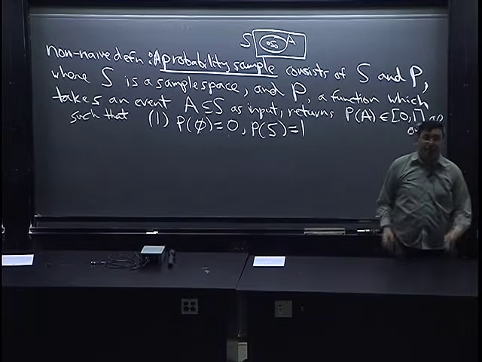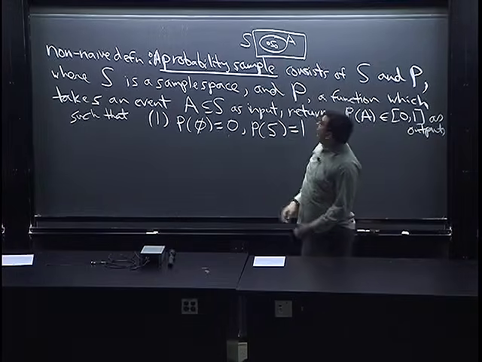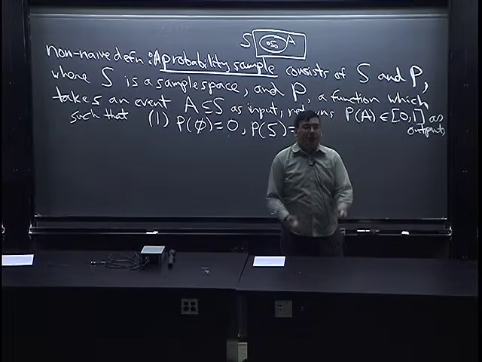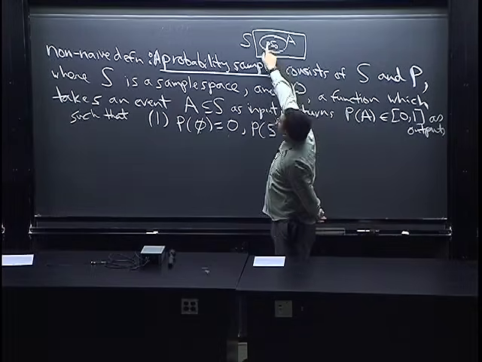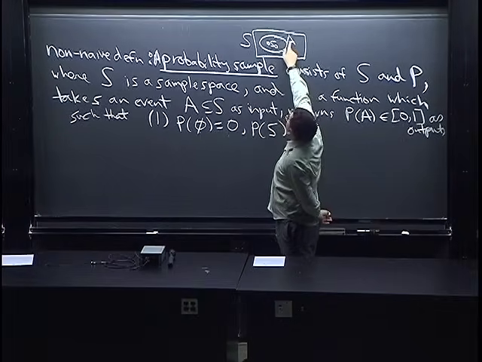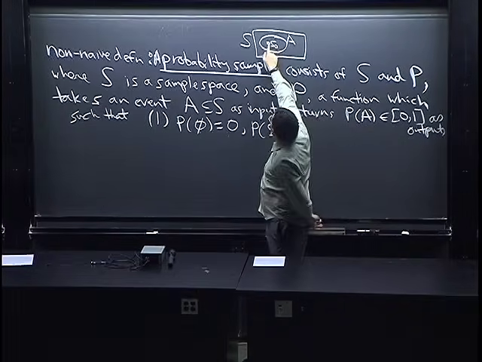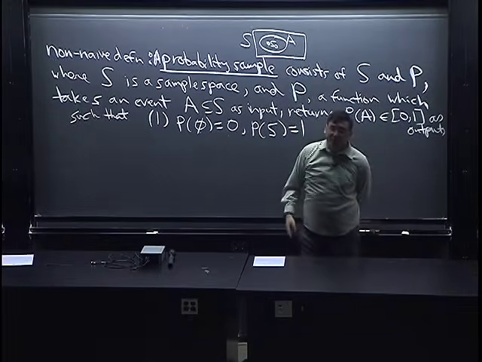So our picture is before we do the experiment, we just have this general sample space. After we do the experiment, then we get to observe the outcome, and so suppose that the actual outcome of the experiment was s sub 0. Now, if that actual outcome is an element of A, then we say that A occurred. And if this s0 is outside of A, we say it doesn't occur.